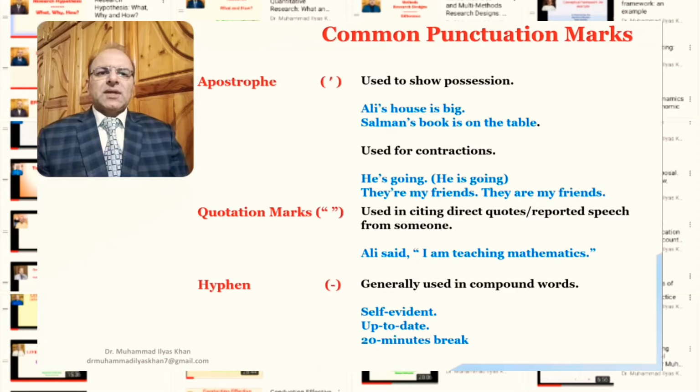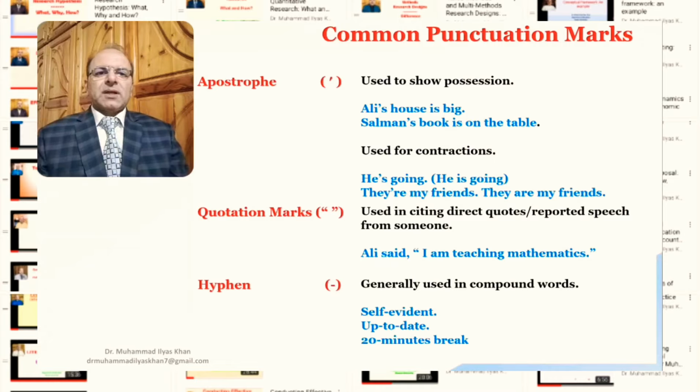So Ali said, comma, and then this quotation mark begins: I'm teaching mathematics. These are the words of Ali. Then it is followed by a full stop and the quotation marks close. The last one shows the closing of the quotation marks. The first one shows the beginning of the quotation marks.